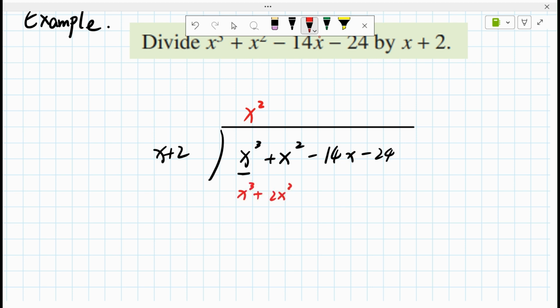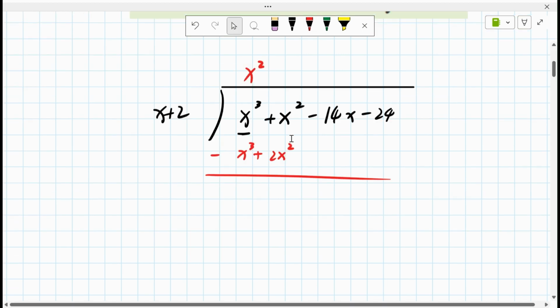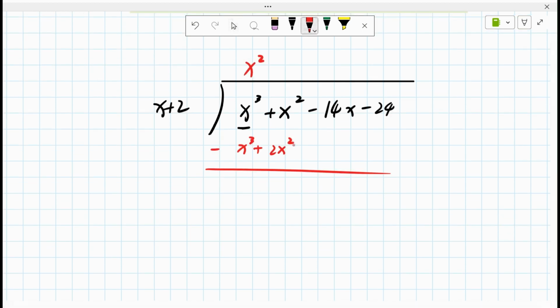Make sure there's a minus in front. That's my first level. The x cubed cancels out, and we get x squared minus 2x squared, which is minus x squared, and minus 14x. So now we have a second level.